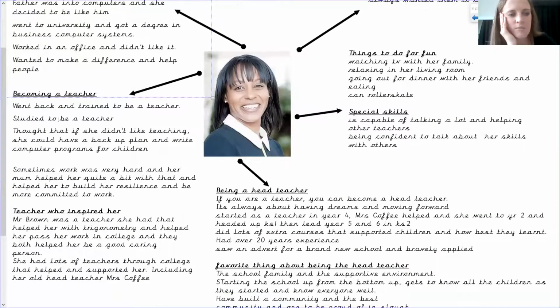She wanted to make a difference and help people, studied to be a teacher, and worked really hard and showed a lot of resilience and commitment to her work, because that's describing what she was doing and how she did all of that. So pause the video now and have a look at your next paragraph.